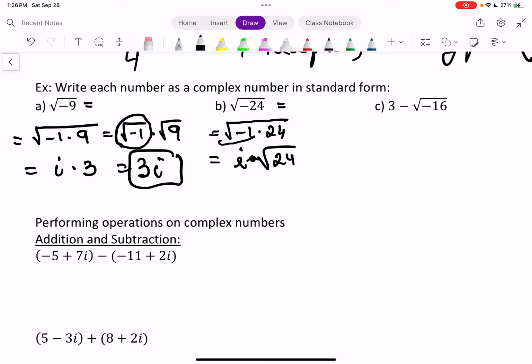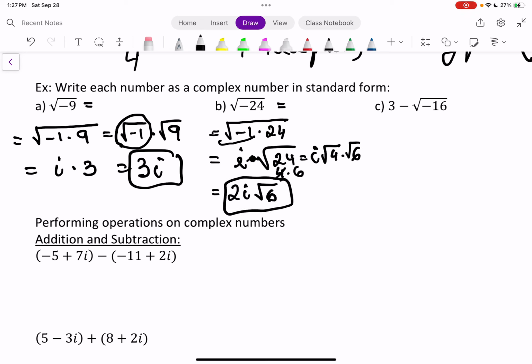You hopefully remember from your other algebra classes that to simplify radicals, you have to think about whether you have perfect square factors inside. So, same as the -1 came out as an i, the 4 factor of the square root of 24 can be simplified as a 2, and then the 6 is the only thing left inside the square root.